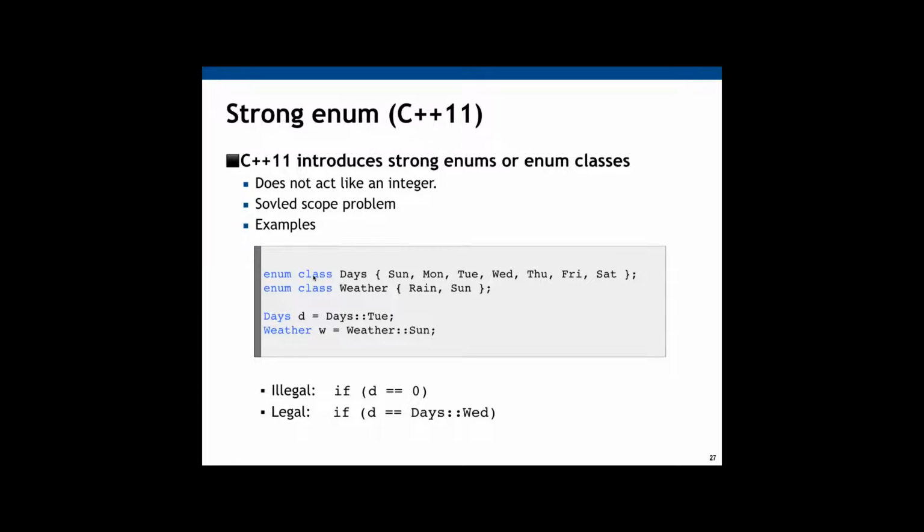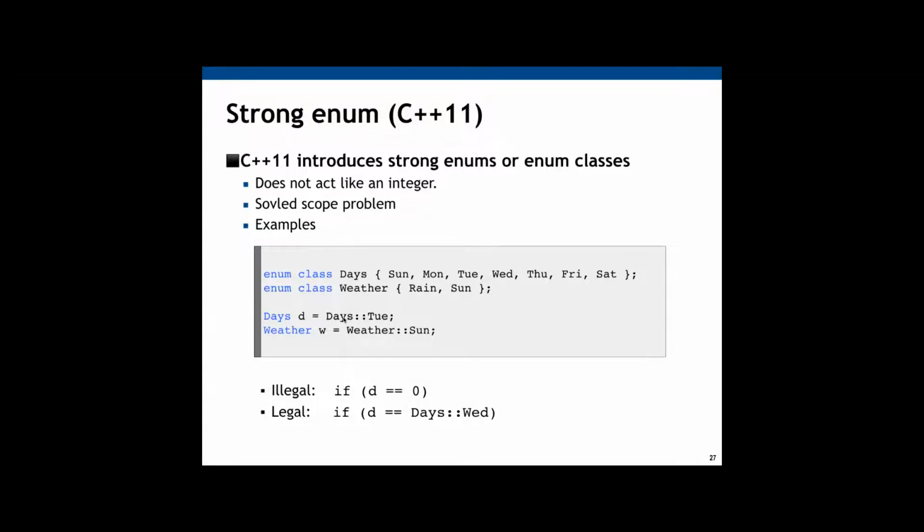And to access the enum value, you specify the enum name followed by 2 colons and followed by the value. So days is a strong enum's name, then 2 colons and the value. Like this, you can access the enum value.